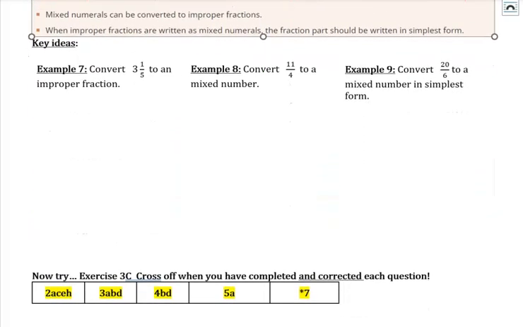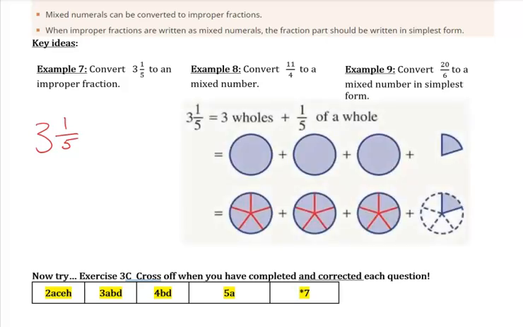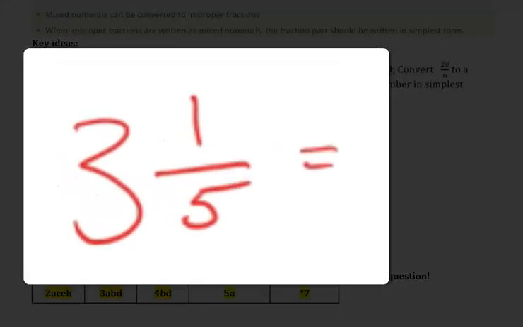So if I'm going to have 3 and 1/5, I can work out, let's see, 5 fifths, 3 times over is 15 fifths. But there's actually a little bit of a shortcut. So you might have seen people do this.